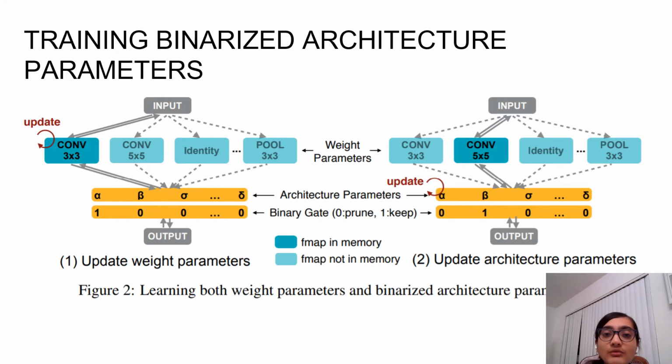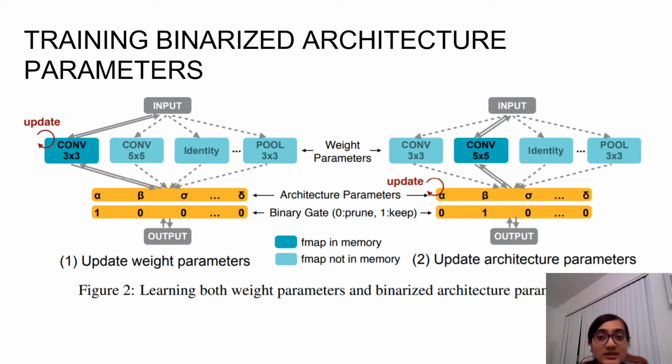This is done for each batch of the input data. Then the weight parameters of this active path are updated. The update is done using a standard gradient descent on the training set.